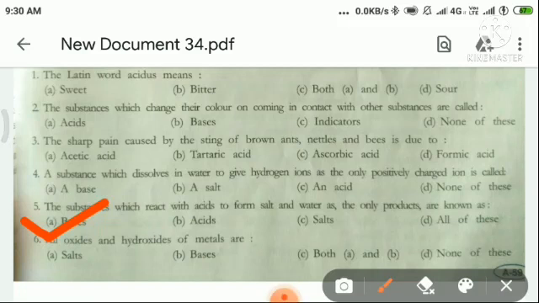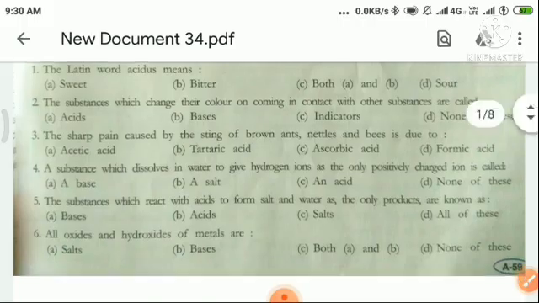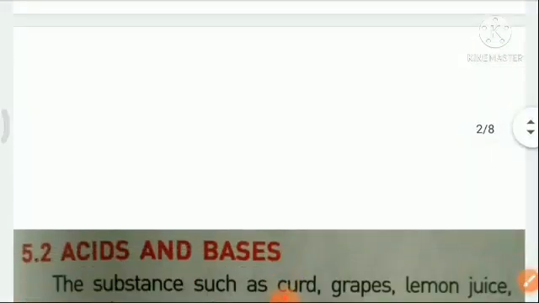Next, all oxides and hydroxides of metals are what? I think the answer to this question is not present in your book, and most of you will be unaware of this, so I am giving you the answer. You can note it down.